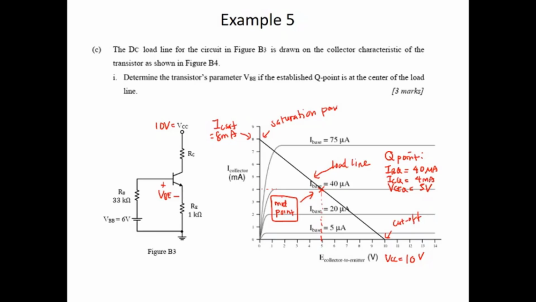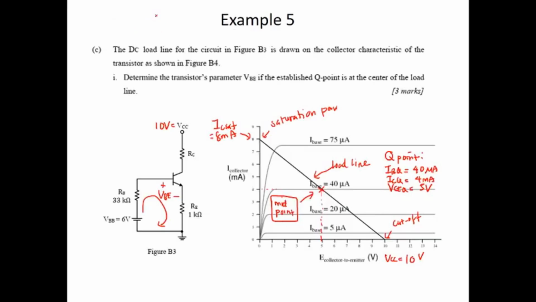Next, we need to determine the VBE. So how to determine the VBE? VBE appears in the base emitter loop, so we can do the KVL at the base emitter loop. Let me draw this one.